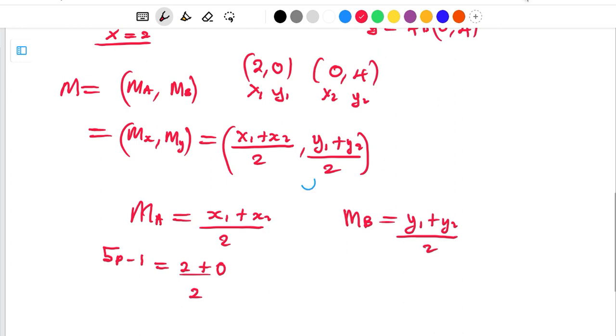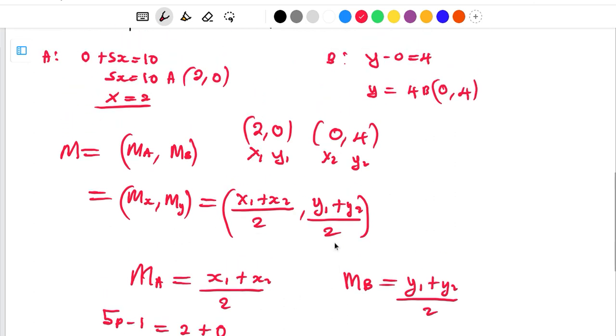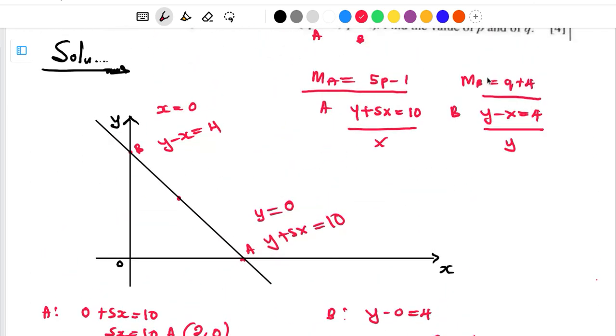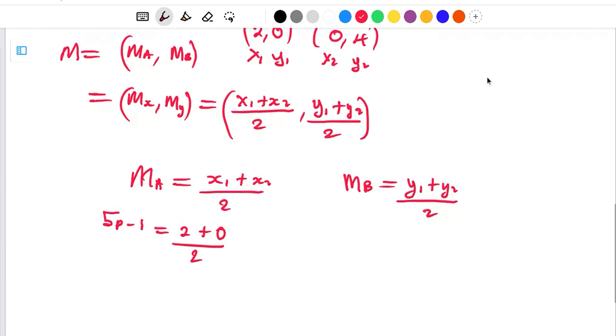Let me just erase that one. So this one has to be like this, and then divided by 2. And then let's come to the midpoint for B, which is q + 4. So I can put q + 4, and this is equal to y1, which is 0, and y2, which is 4, and then divided by 2.